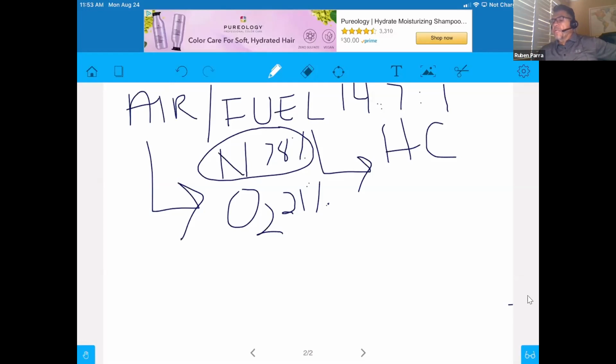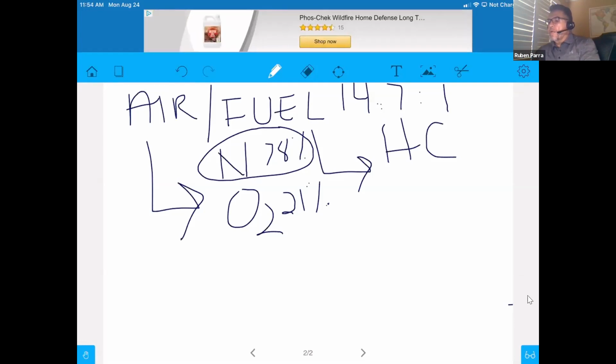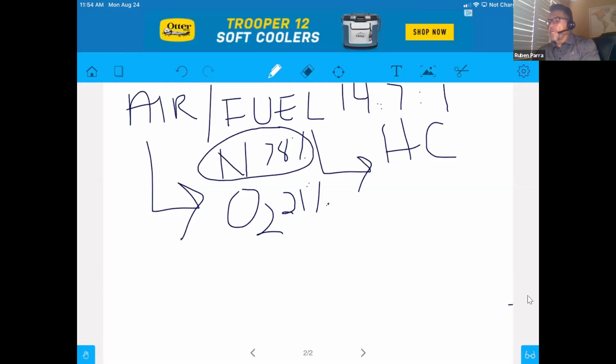So if we get hydrocarbon and oxygen to mix at the correct amount, what ends up happening is that the hydrogen will automatically combine with the oxygen, okay, so the hydrogen will be pulled to the oxygen. This happens naturally in the combustion process. Not only that, it doubles up, okay?